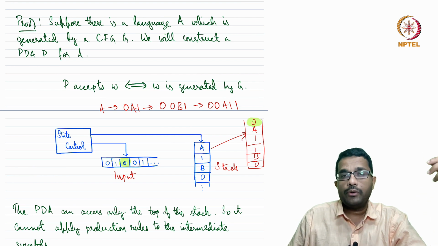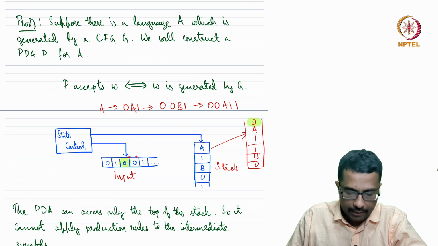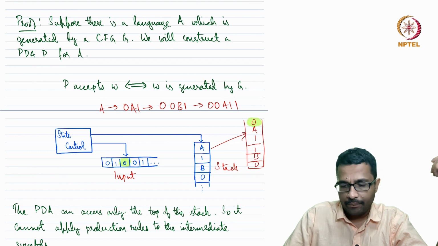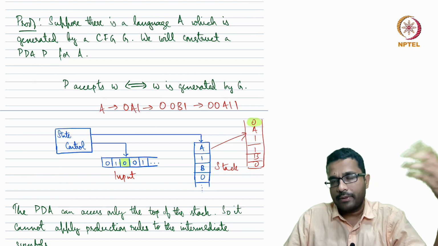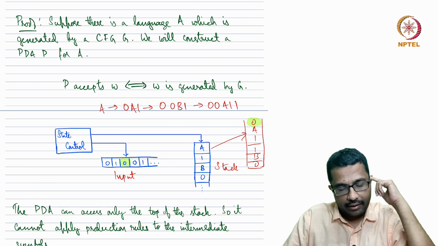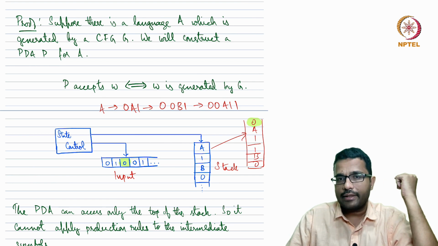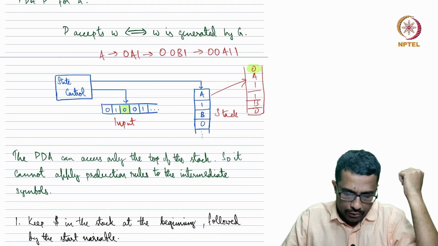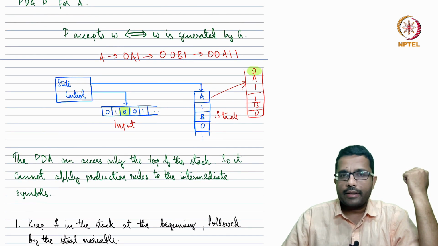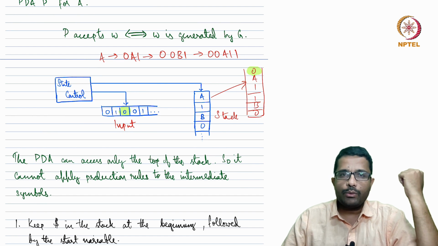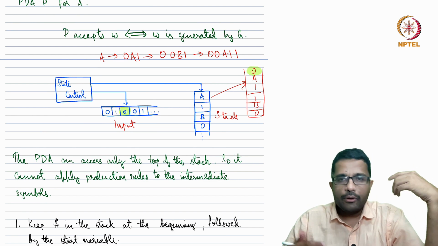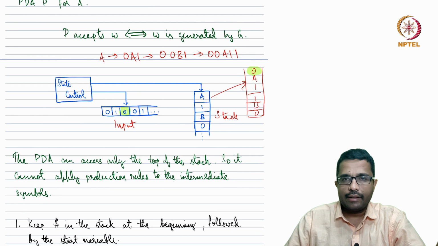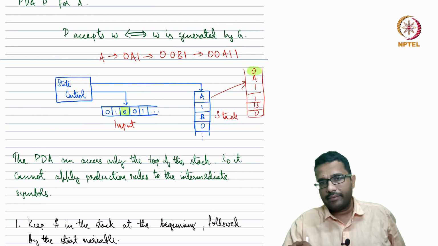If they are the same, you move one step in the input, go to the next symbol, and pop this top terminal from the stack. These are the two operations that we want to do, and this will let us do exactly the same kind of things that a grammar does while generating a string.